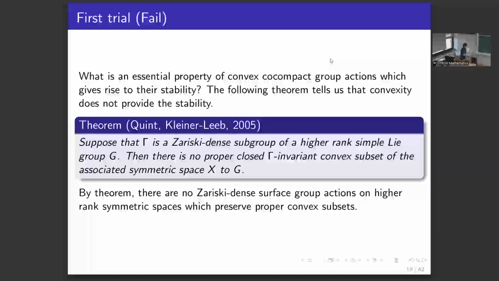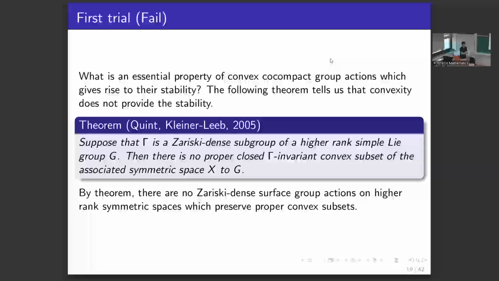So Kleiner and Leeb, 2005, and also Quint gave an independent result. Okay. So suppose gamma is a Zariski dense subgroup of a higher rank simple Lie group, then there is no proper closed gamma-invariant convex subset of the associated symmetric space X.